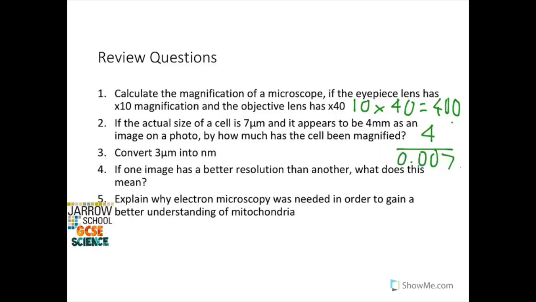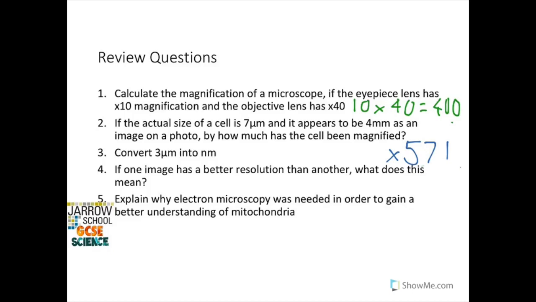So the next thing you need to do is convert your micrometers into millimeters by dividing 7 by 1000, which gives you 0.007, and then you simply do 4 divided by 0.007, which gives you an answer to 3 significant figures of a magnification of 571.